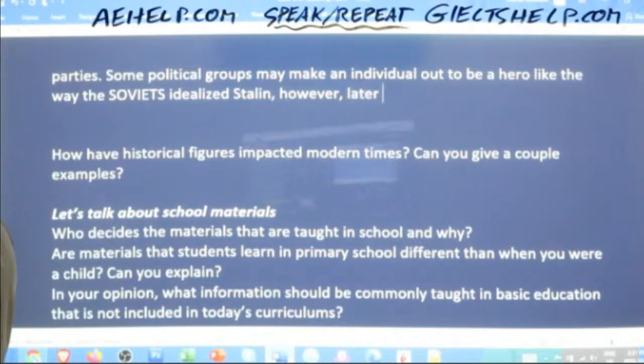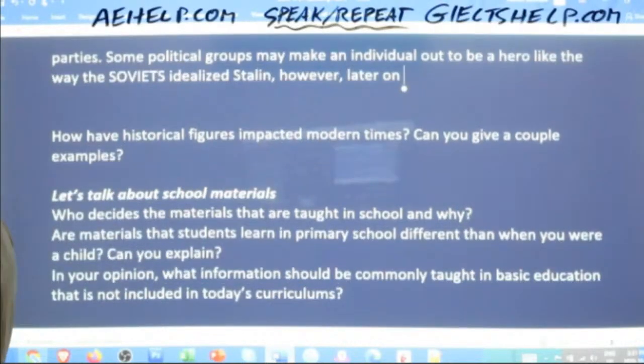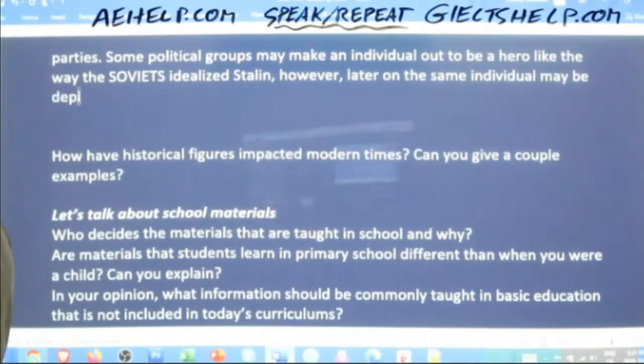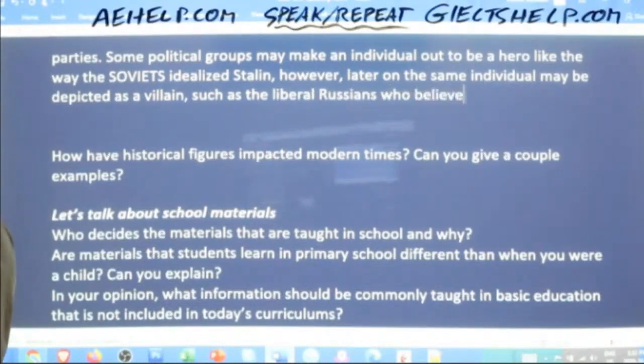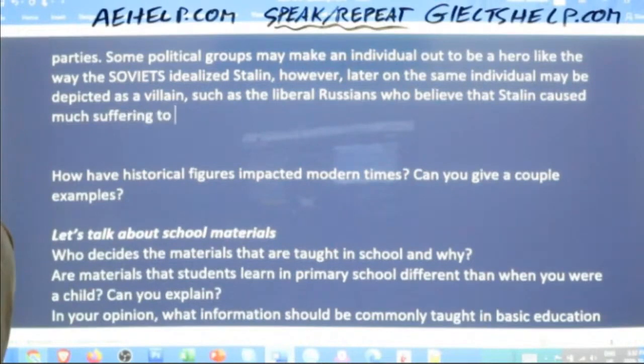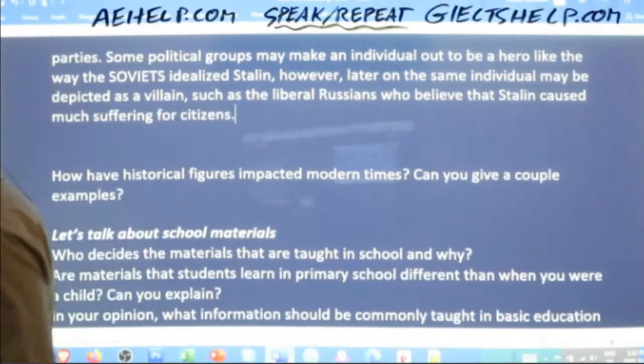However, later on, the same individual may be depicted as a villain, such as the liberal Russians who believe that Stalin caused much suffering to citizens. For citizens. Okay. All right.